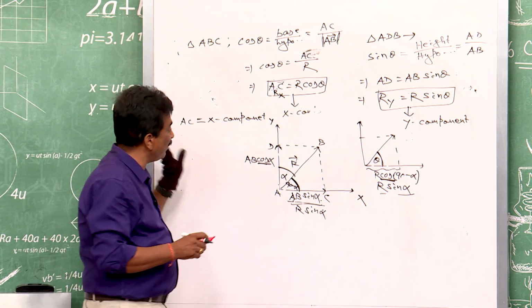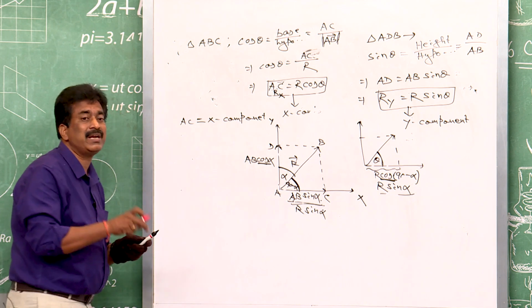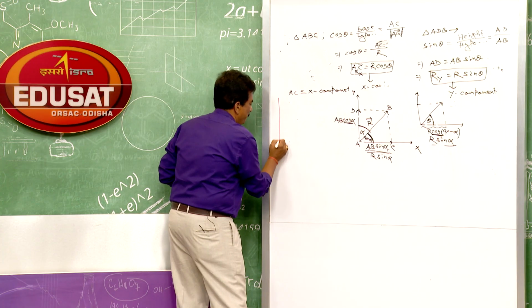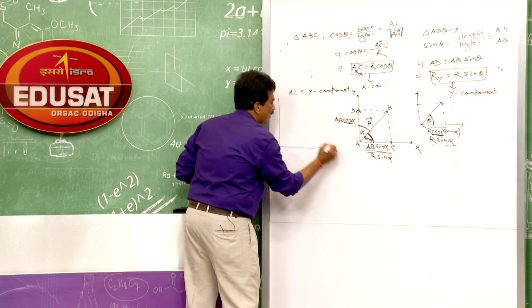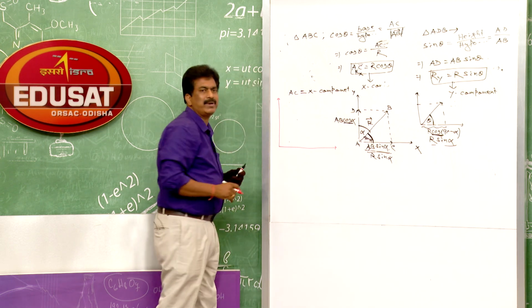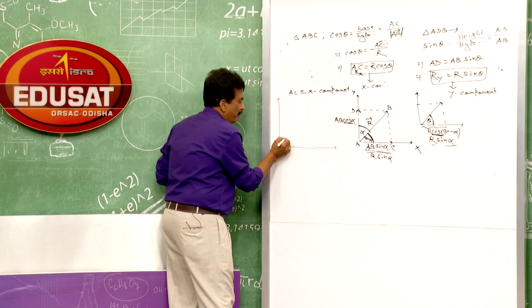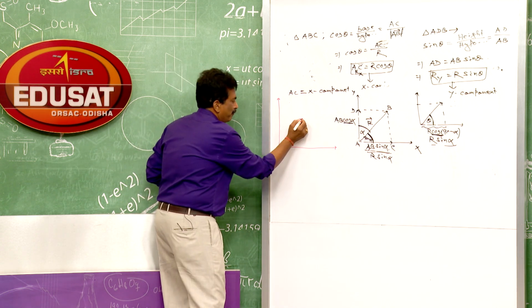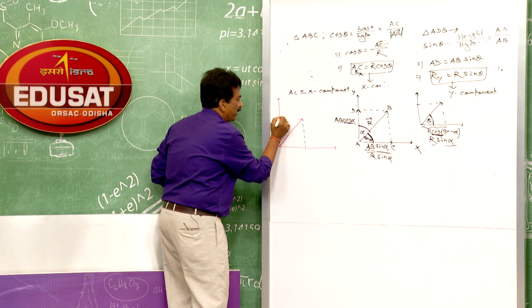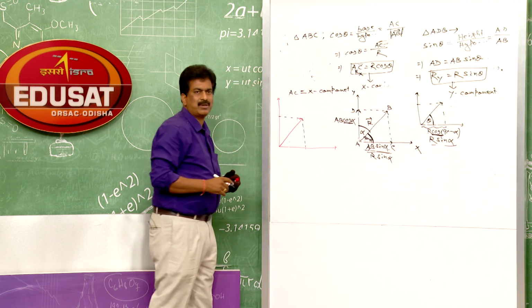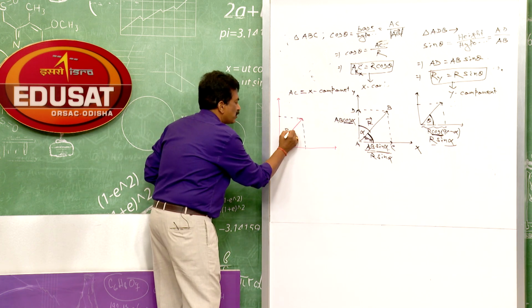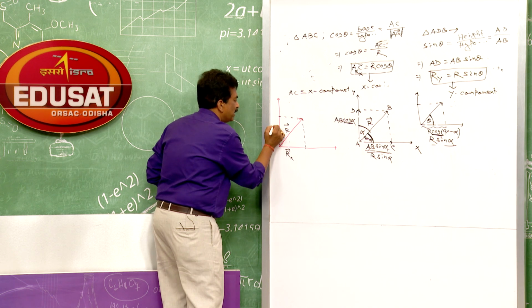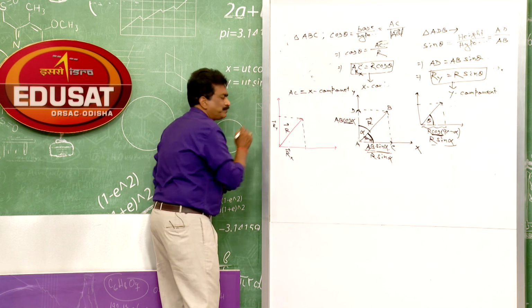So, if those vectors are to be represented in unit vector form, those components in the unit vector form, this is the vector, this is its perpendicular, this is the r vector, this is the rx vector, this is the ry vector.